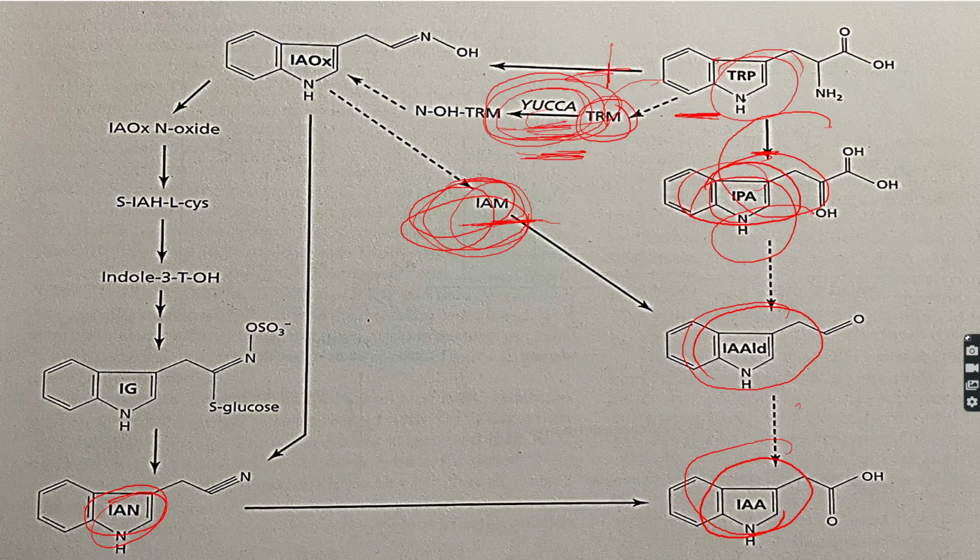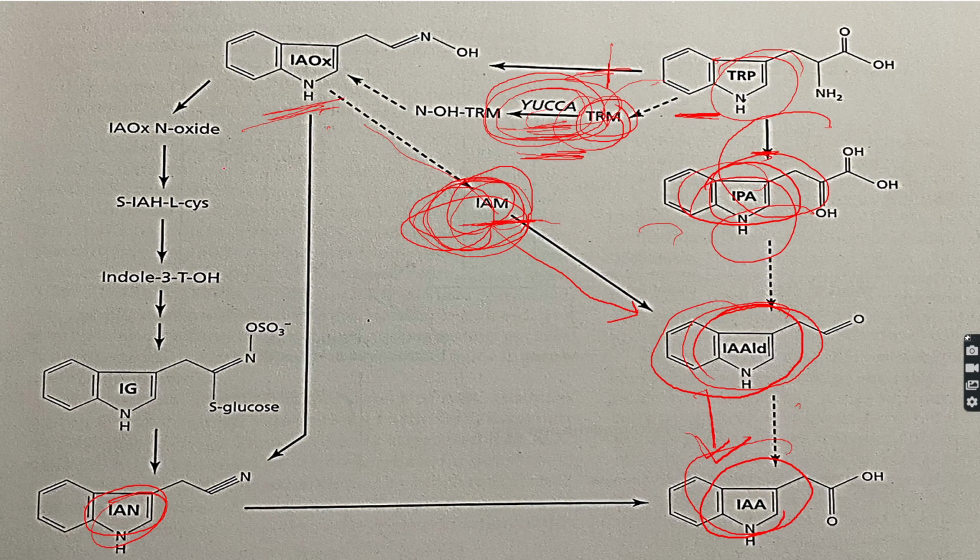Tryptamine is converted to indole acetaldoxime, and indole acetaldoxime will convert to indole acetamide, and indole acetamide will convert to indole acetaldehyde, and this indole acetaldehyde, as in the IPA pathway, will convert to IAA.